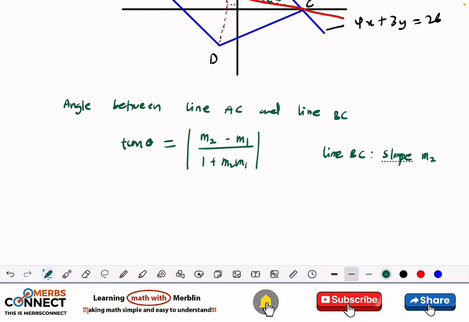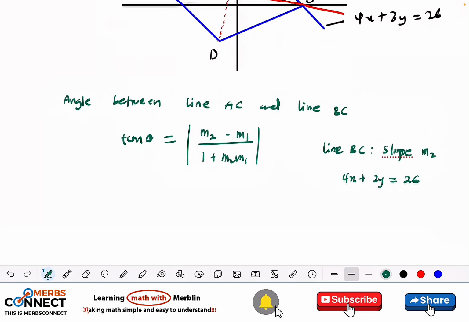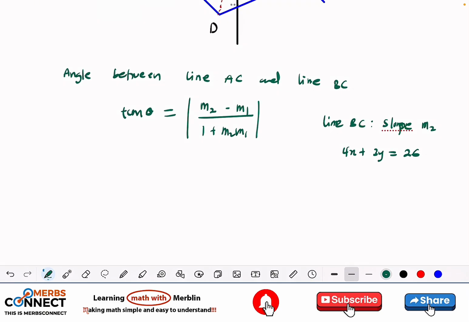So this is going to give us 4x plus 3y is equal to 26, right? So this should give us 3y is equal to minus 4x plus 26. I'm trying to make y the subject, because I want to write it in the form y is equal to mx plus c.